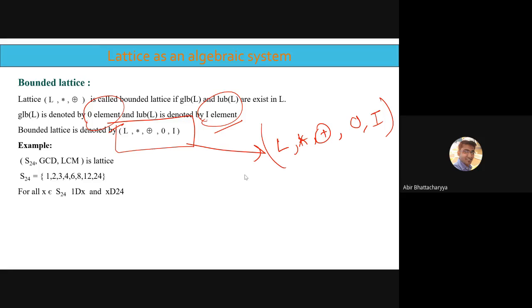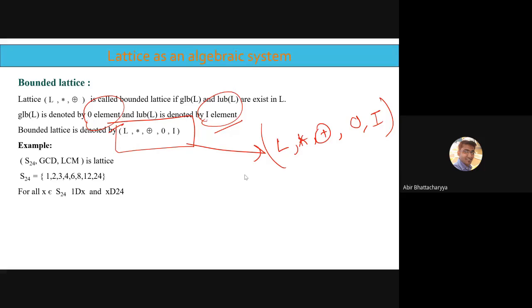Take any number, take 8 at a time. Let's take 8 as x. So 1 divides 8 and 8 divides 24. Holds true. Let's take 12. 1 divides 12 and 12 divides 24. Holds true. So you can take any number from S24; always 1 divides that number and that number divides 24.